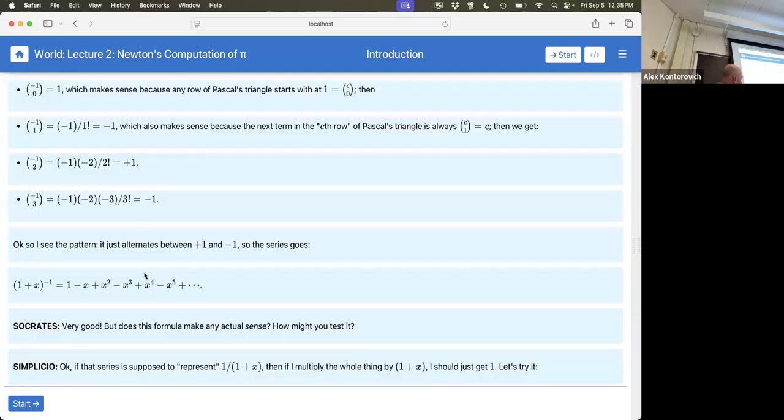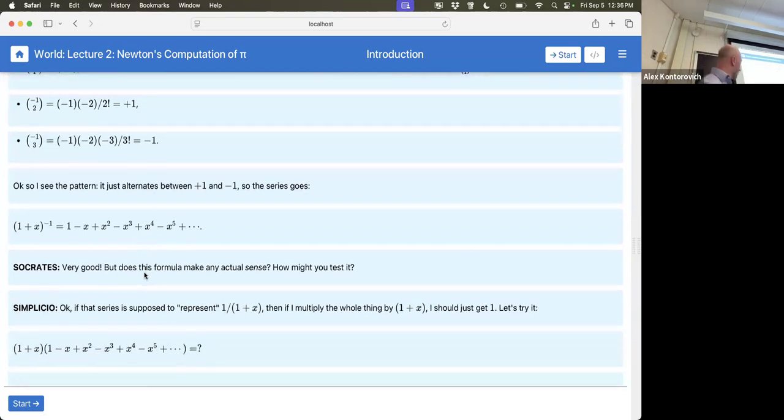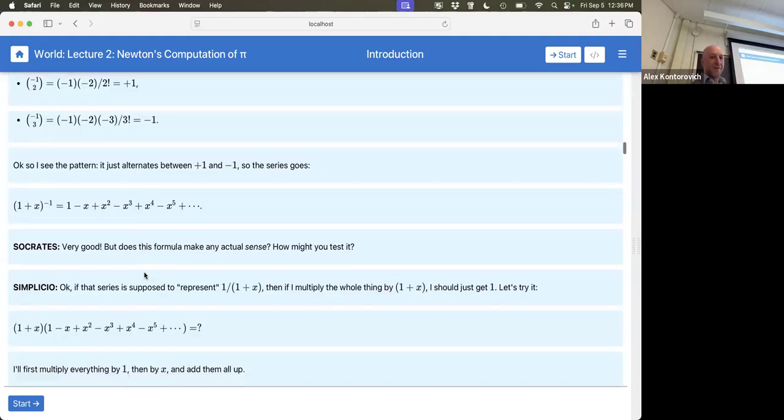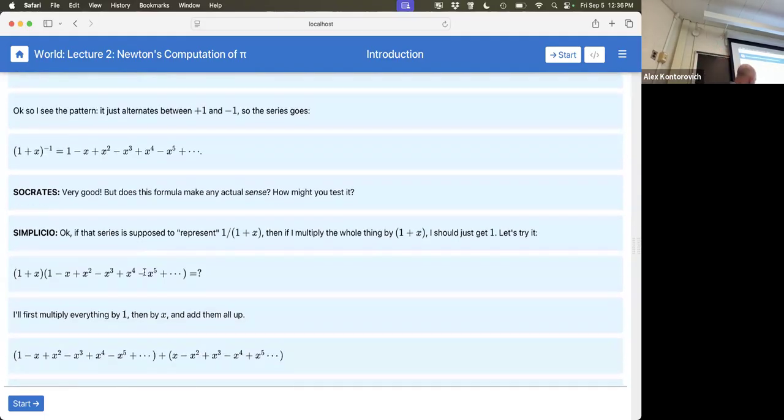Busher says, okay, well, if that series represents 1 plus x inverse, in other words, 1 over 1 plus x, what does that mean? If I multiply everything by 1 plus x, I should get 1. So let's try it. 1 plus x times this infinite series. I'll multiply everything by 1, and then I'll multiply everything by x.